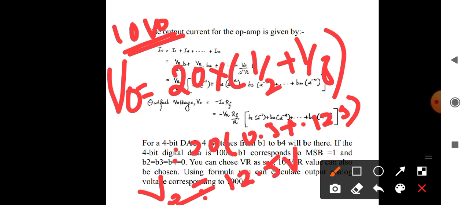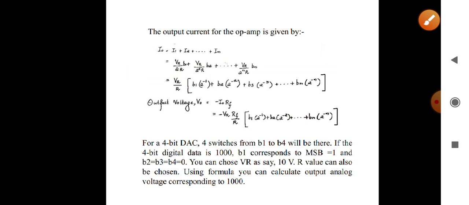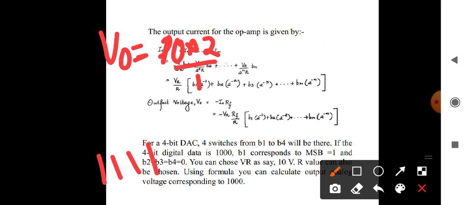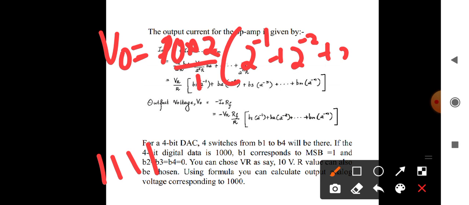Similarly, what will be the V output for your 1111? Say there we are having 10 into 2 by 1. So 10 is the V reference, 2 is RF, 1 into 2 raised to minus 1 plus 2 raised to minus 2 plus 2 raised to minus 3 plus 2 raised to minus 4.